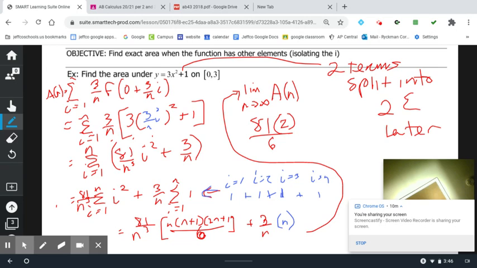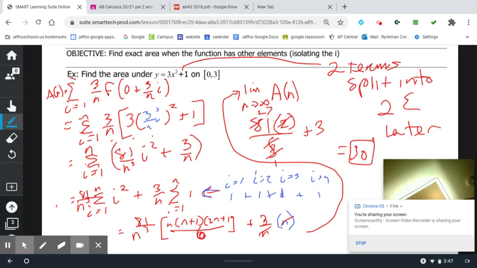The n cubes would drop out and it would just approach 81 times 2 over 6, yeah? The second one, obviously that approaches 3. Cleaning that up just a little bit, I get 27 plus 3. The area is 30. So that's the idea of splitting a sum into two summations.